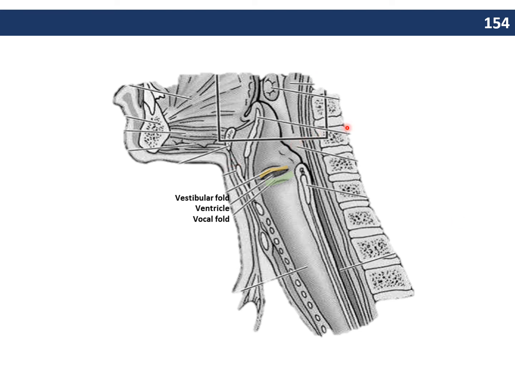So in this picture, you can appreciate that the vestibular folds are superior to that. All of this area inside the larynx is covered in mucosa, and when the vestibular cords are covered in mucosa, it's referred to as the vestibular fold.